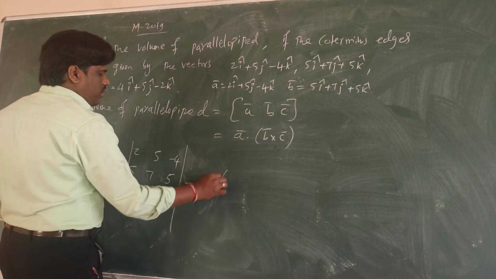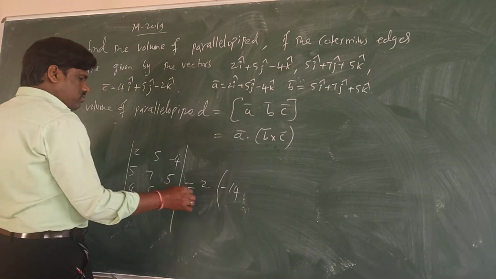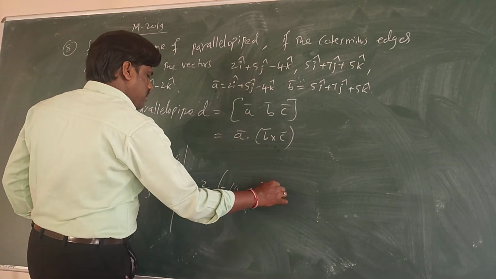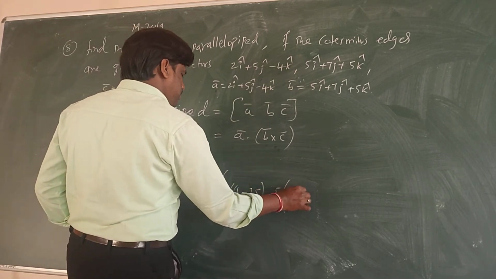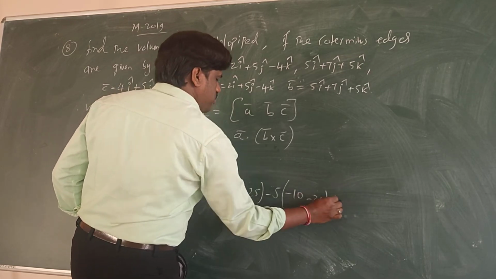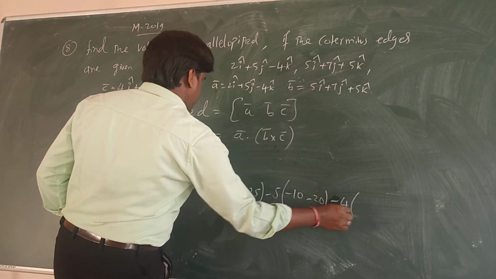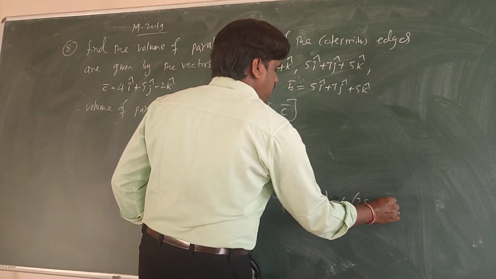So 2 into 7 times minus 2 is minus 14, minus 25, minus 5 closed here, 5 times minus 2 is minus 10, 4 times 5 is 20 here, minus 4 into 5 times 5 is 25 minus 28.